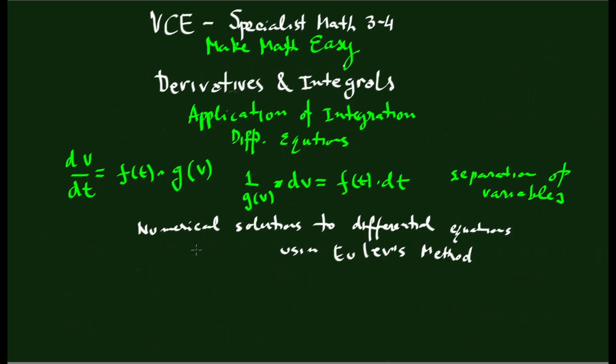So what Euler did, he said, for example, you have a differential equation, you don't know the curve. So the point is, this curve you don't know. Say that its equation you don't know.